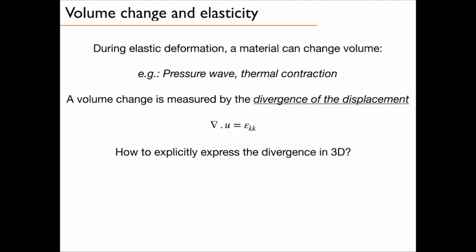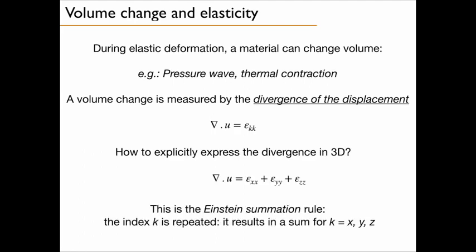So let's maybe express this a little bit more explicitly. In 3 dimensions, nabla dot u is the sum of the diagonal components of the strain tensor. So it's epsilon xx plus epsilon yy plus epsilon zz. So here, if you write it epsilon kk, it means k is an index that runs from x to z, and then there's a summation implied.